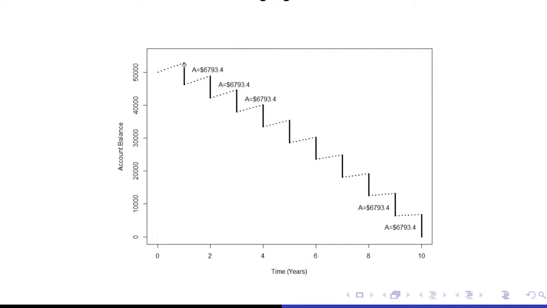At the end of the first year, the engineer is going to withdraw $6,793. And the remaining amount at the end of the first year will again be compounded with 6% interest rate, and at the end of the second year, another installment will be withdrawn by the engineer. So every year, the procedure is going to go like that.